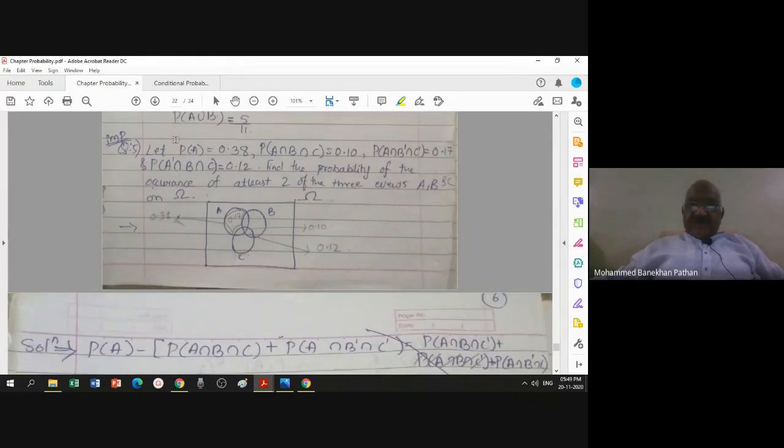Using this information, the question asks: find the probability of the occurrence of at least 2 of the 3 events A, B, and C.